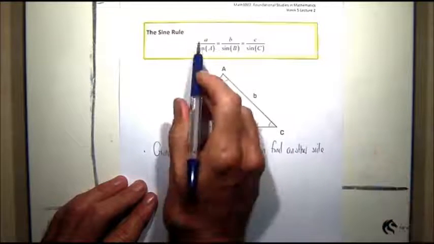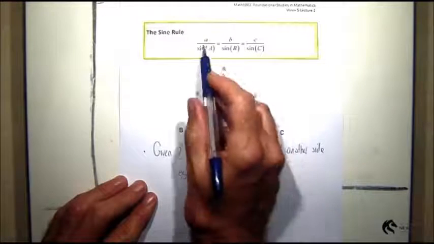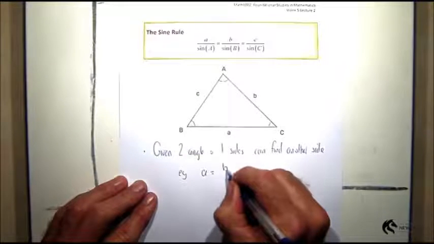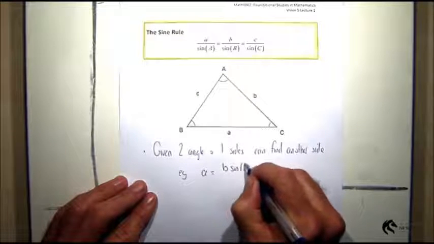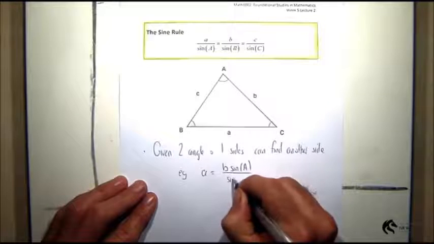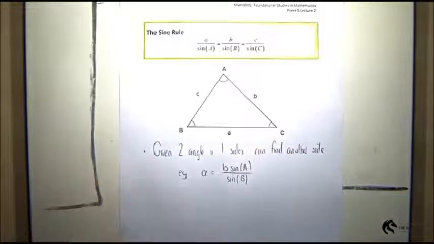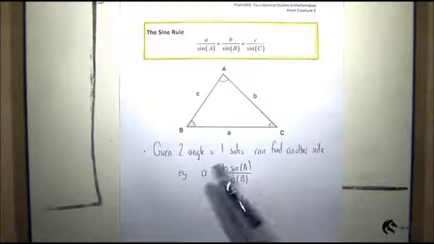For example, in here, I could make a the subject of this. I could say a is equal to b sine A on sine B. So given two angles and a side, I can calculate another side. Given angles A and B and little b, I can find little a.